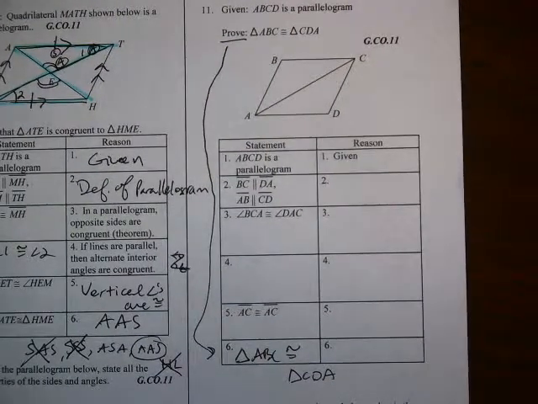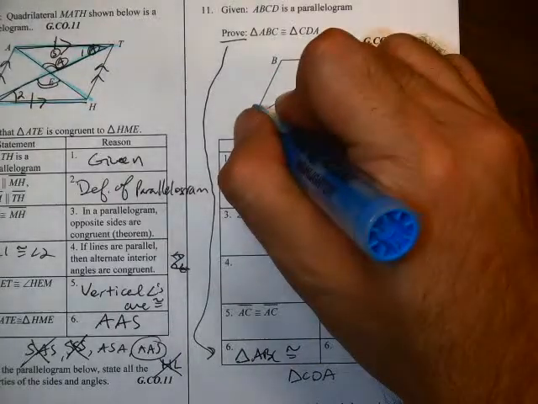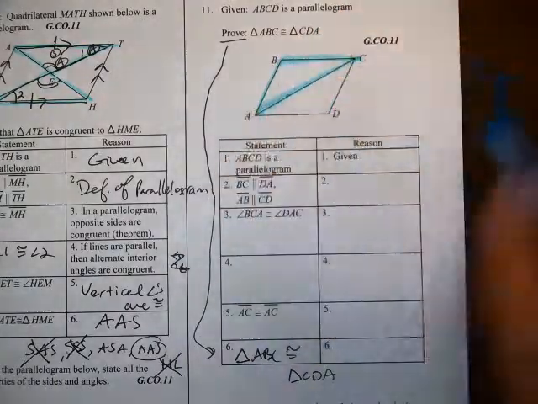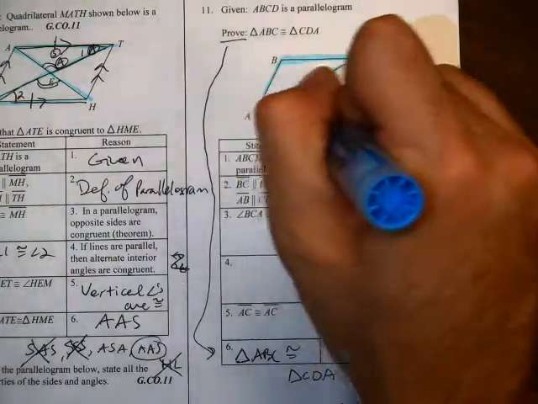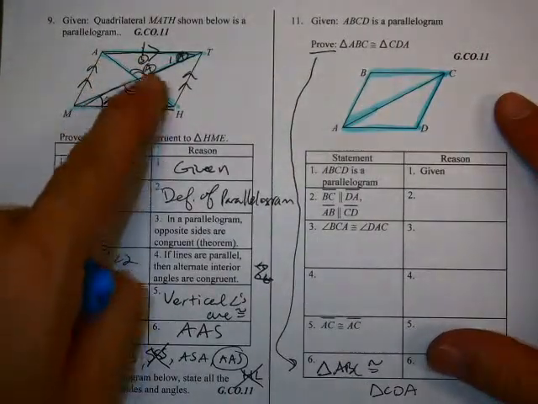So now, like last time, I'm going to highlight those two triangles so I can see where all the parts should be. Triangle ABC is this right here, and then CDA starts at C. So now I've got those two triangles. Now notice how different they are. On the last one, those triangles were kind of inside the parallelogram.